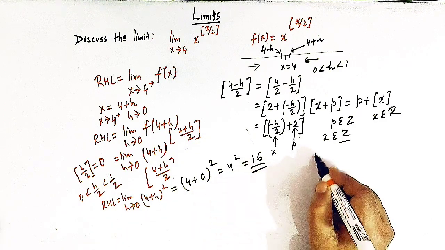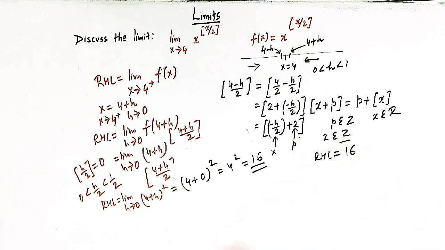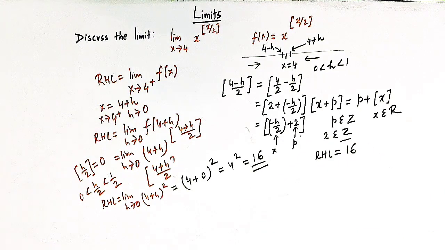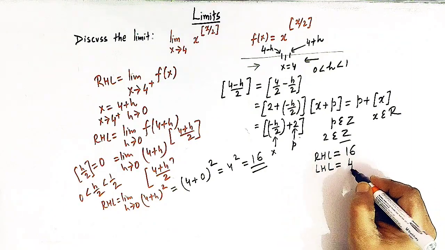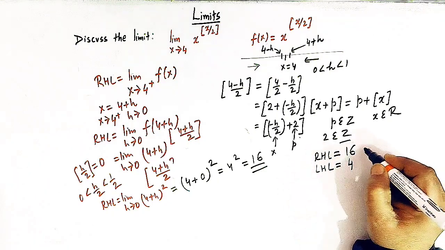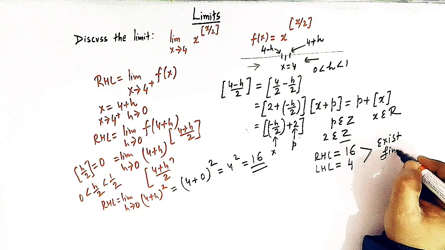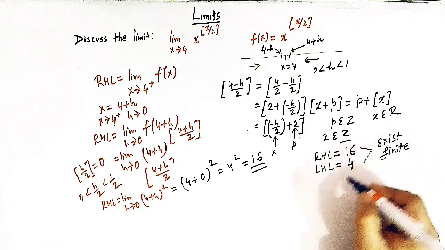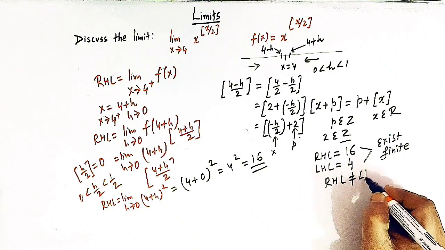So the right hand limit is equal to 16, and the left hand limit is equal to 4. Now see, here the right hand limit and left hand limit both exist, and both are finite, but they are not equal to each other. So the right hand limit is not equal to left hand limit.